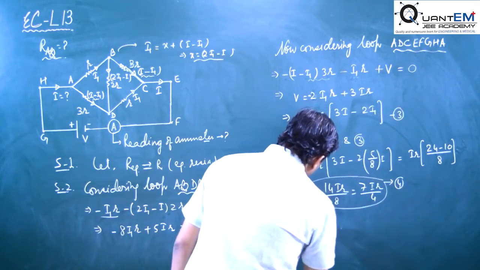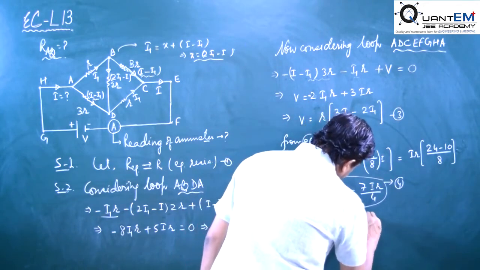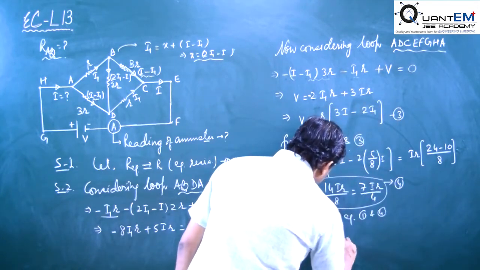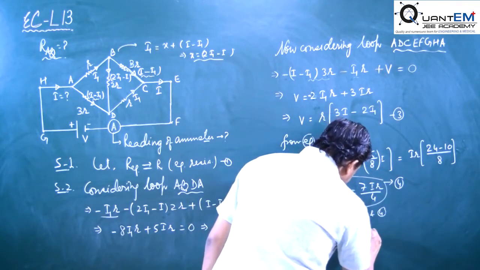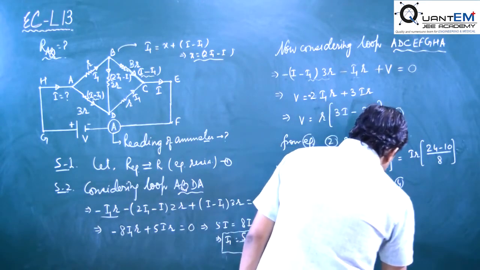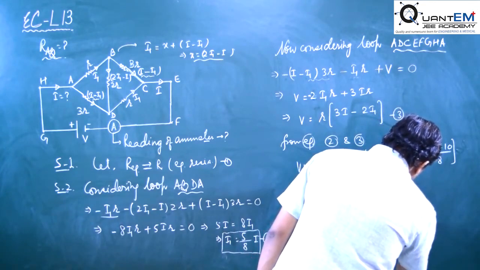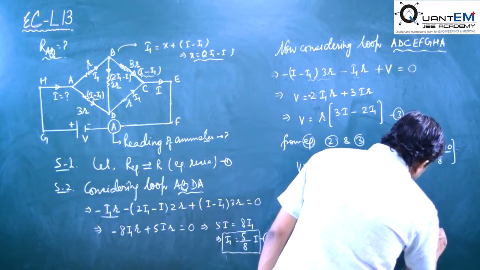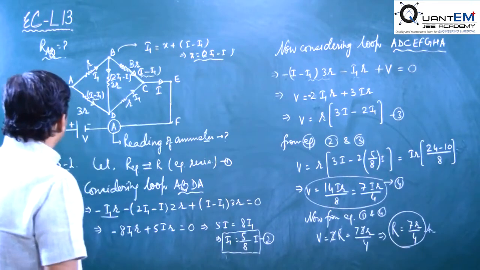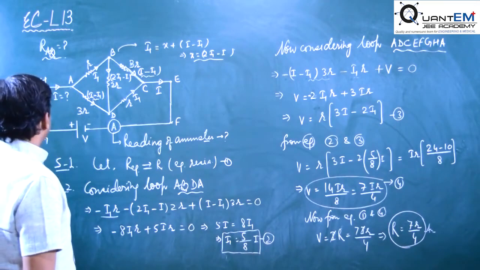And now from equation 1 and 4, we have V is equal to IR, equivalent IR, that is equal to 7 IR by 4. So you get the result, R is equal to 7R by 4, that is the equivalent resistance between A and B. If you get the equivalent resistance, then you may get the value of the current supplied to the circuit.